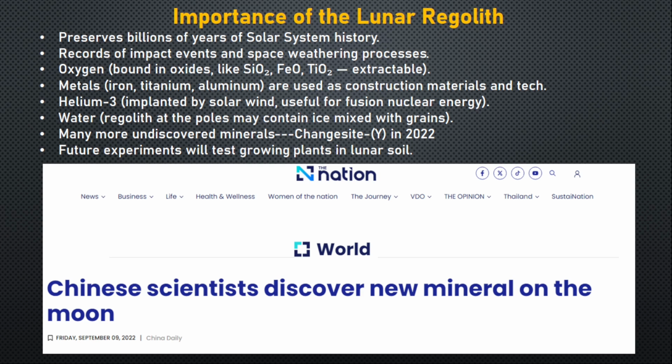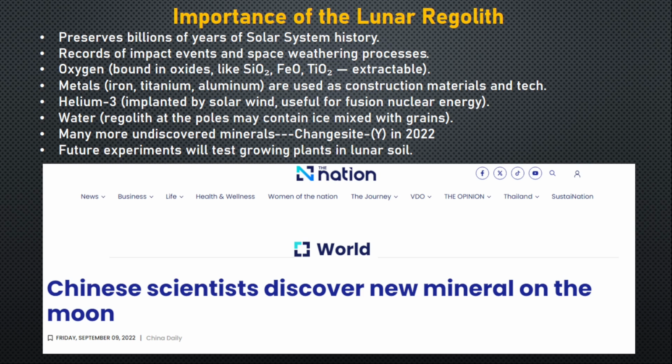It is implanted by solar wind and is useful for fusion nuclear energy. Then there is also water that exists as ice at the poles of the moon, mixed with the lunar regolith. And there are many more undiscovered minerals.